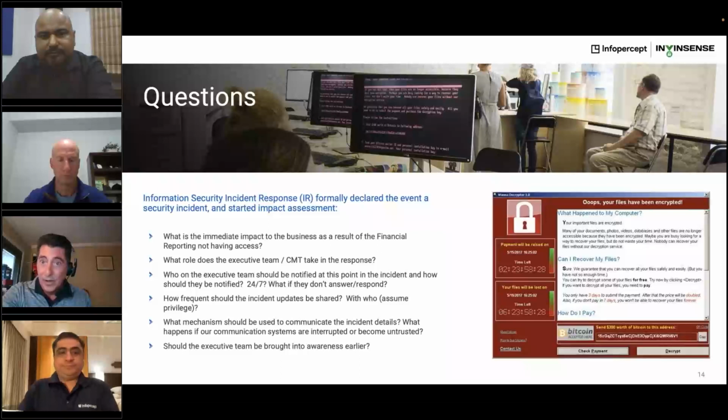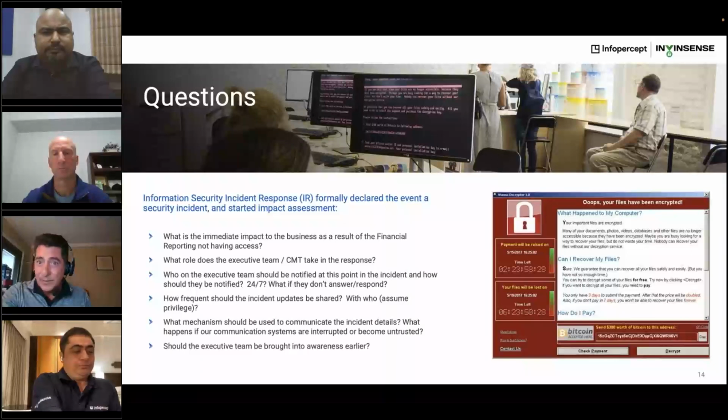Are we far enough along to activate the senior portion of the crisis management team? What different mechanisms are being used for communication? Like I mentioned with Teams or whatever is being used, those pieces need to be ironed out well beforehand. The time is not during an exercise or a real world event. So to the next slide, please.